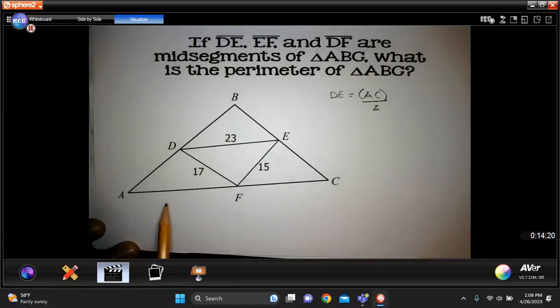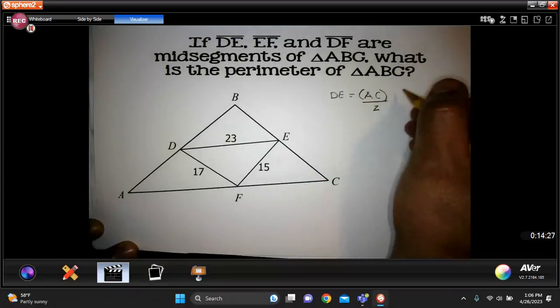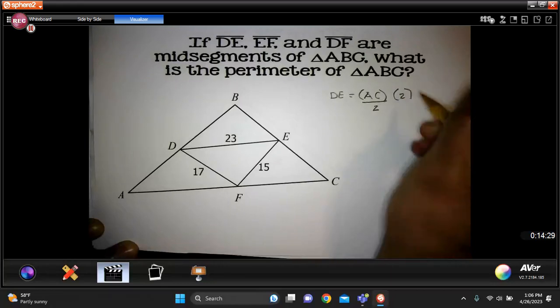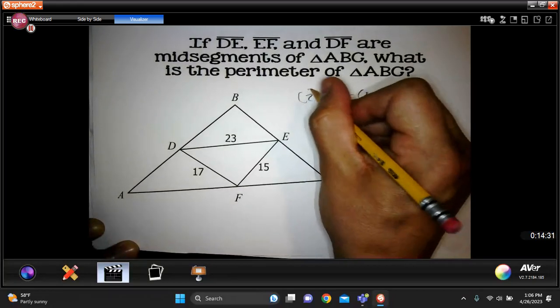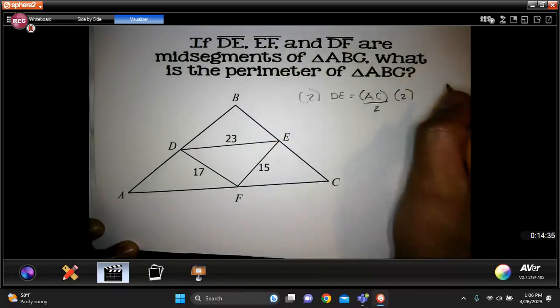I need the measure of the big one. So now I just need to solve for AC. Instead of dividing by 2, I'm going to multiply by 2 on both sides, so I'm going in the opposite direction now.